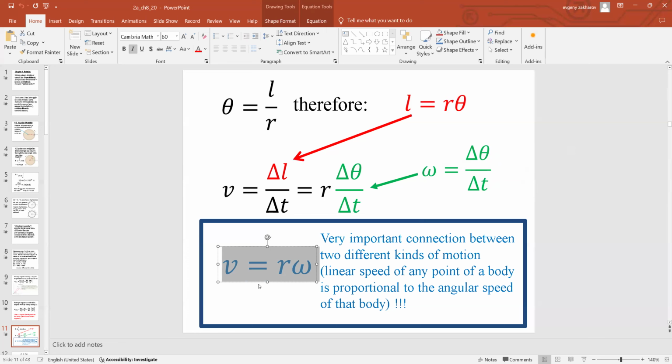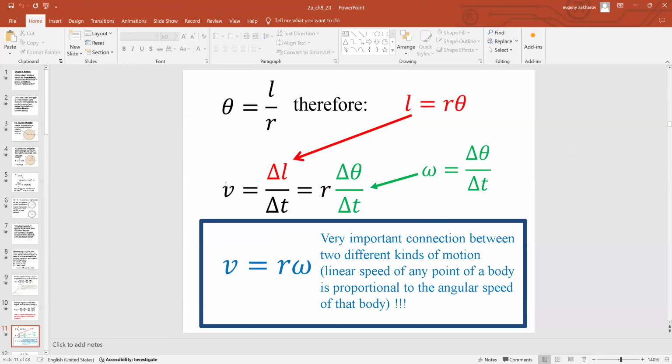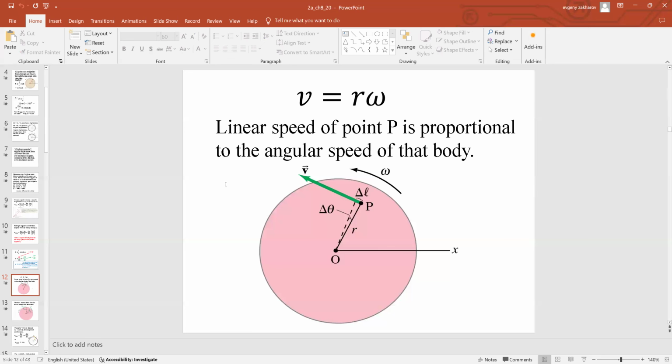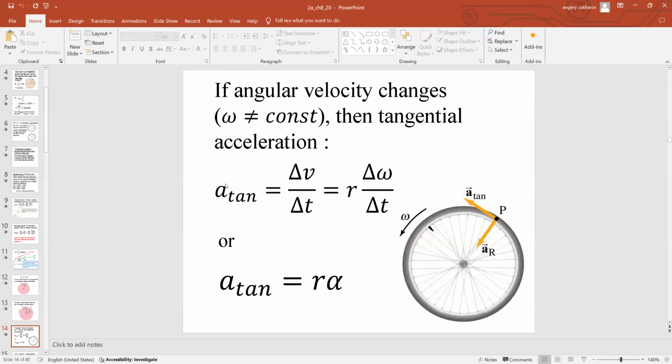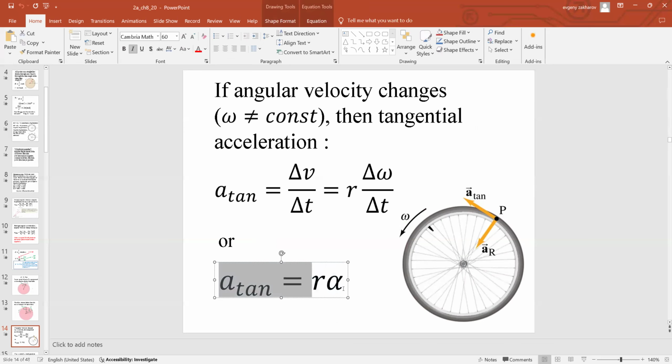And I can even tell you more. It's not good only just for the velocities. It's also a working connection for accelerations. Using the same strategy, you will arrive at a conclusion that linear acceleration is r times the angular acceleration.